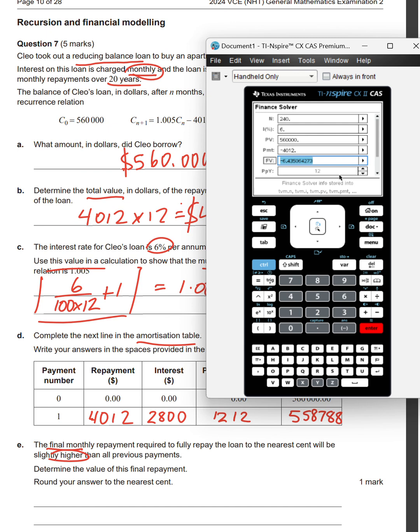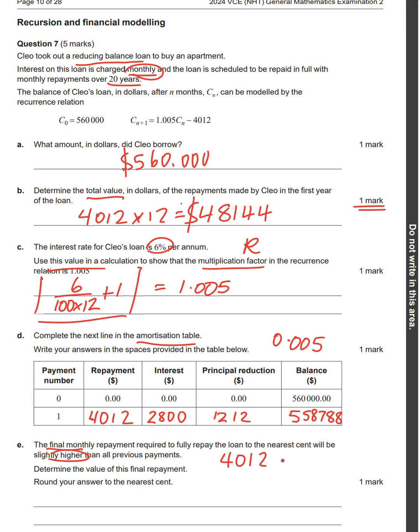Now the signs are the same, which means that we add them, but also we can tell because 644 is still owing, because the negative means it has to still come out of my account. So I'm just going to have 4012 plus 644, which is just going to give me 4,018.44.